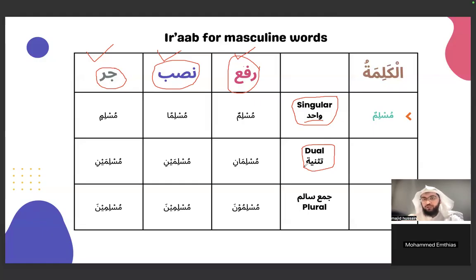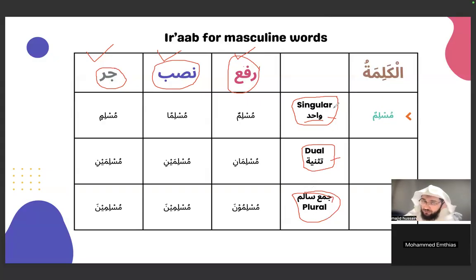And plural is of two types. One is Jama Salim and one is Jama Mukassar. But I'm focusing on Jama Salim now, meaning all those plurals which are in their original form. So the noun will be either singular, dual, or plural.